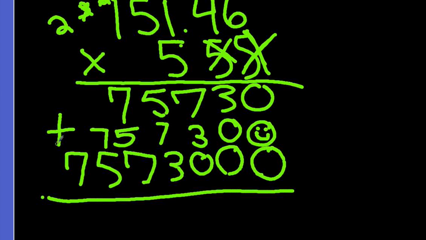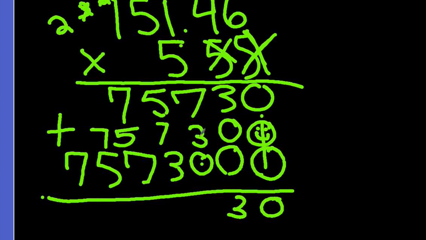And we're going to do all of the zeros. They're going to be 0, 0. 0 plus 0 plus 3 is going to be 3. This is 0, 0. 7 plus 3 would be 10.